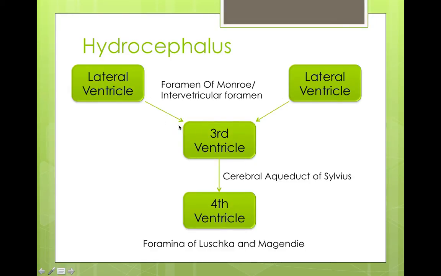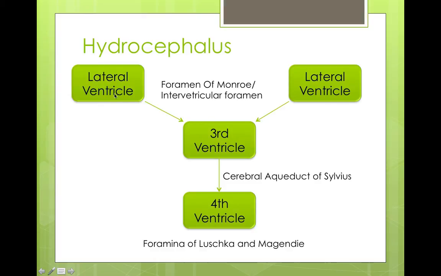So, okay, there are 4 ventricles in the brain. There are 2 lateral ventricles. They are not called the first and second ventricles. They are lateral ventricles. Then there's a 3rd ventricle and there's the 4th ventricle. Now, the 2 lateral ventricles drain into the 3rd ventricle by the foramina of Monro.